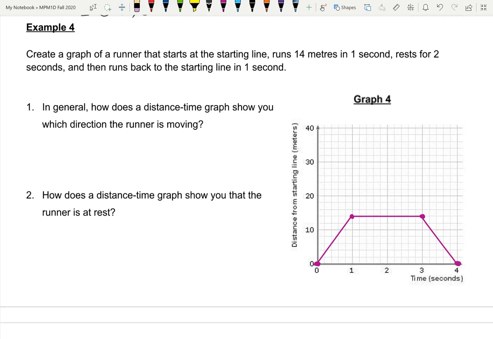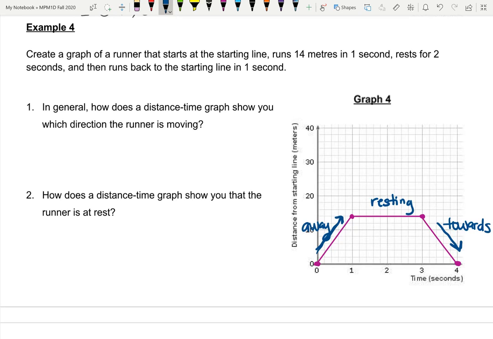So when our line is moving upwards, is rising, that means that our runner is moving away from the starting line. Okay, away. Okay, then we know horizontal lines mean resting. And then that here, in the last second, the runner is moving towards the starting line.